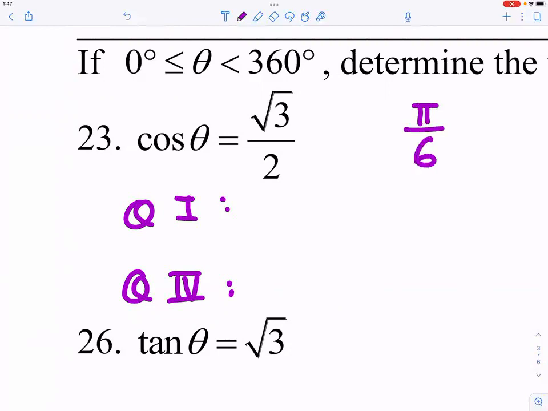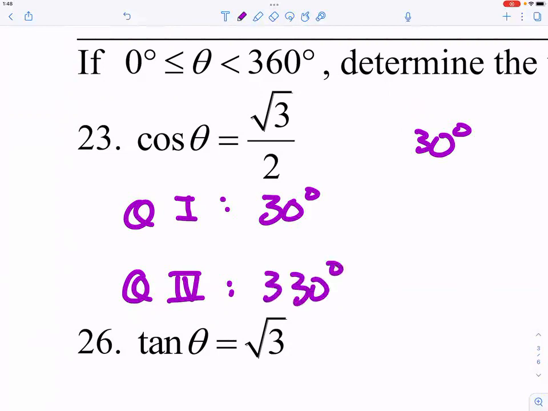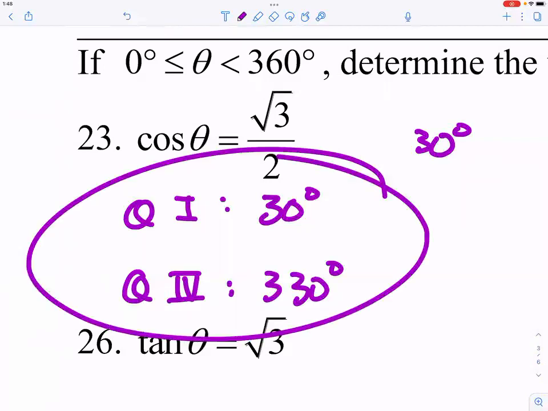Pi over 6. Oh, if it's in degrees, then 30 degrees. So what's the angle in quadrant 1 if the reference angle is 30 degrees? 30. What's the angle in quadrant 4 if the reference angle is 30 degrees? 330. Done.